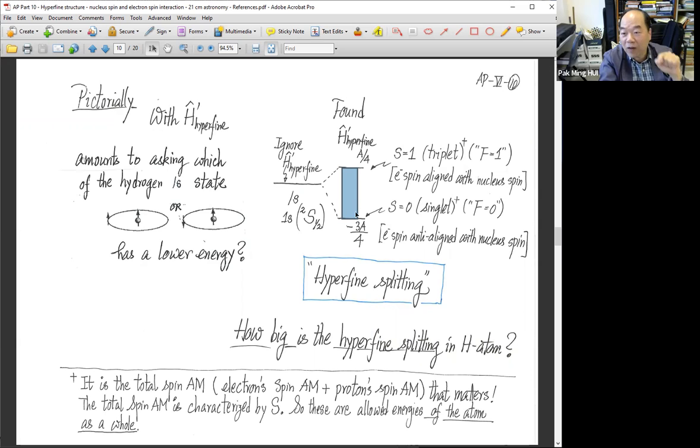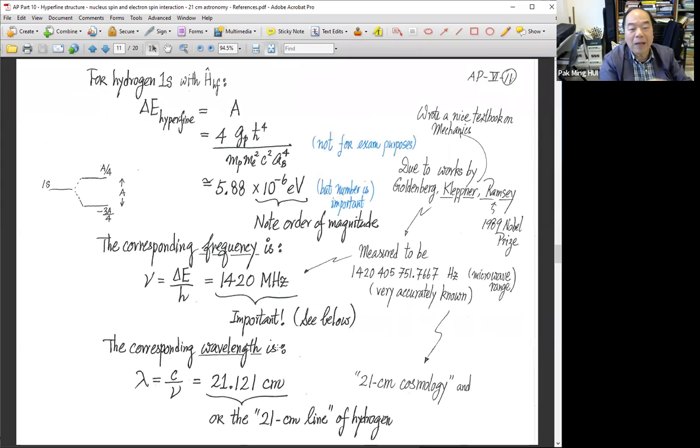But most relevant to frontier research is this ground state 1s splitting. Next question, how big is this? Well, you know the name, hyperfine, that means not big, but how small? Now that is related to what is the prefactor A. The splitting is A, right?